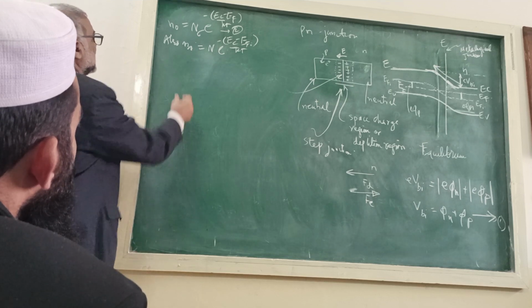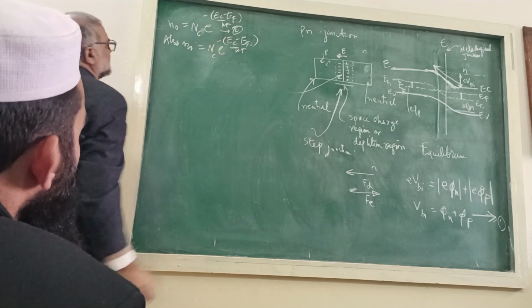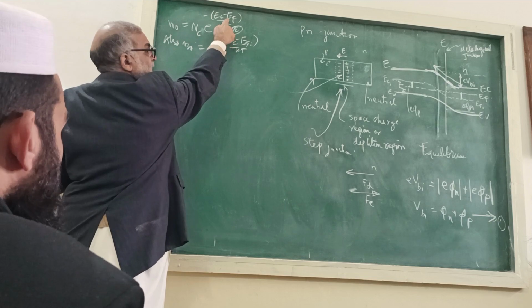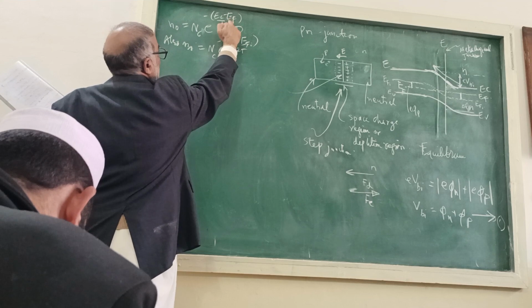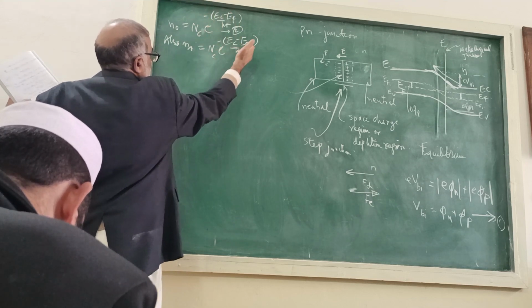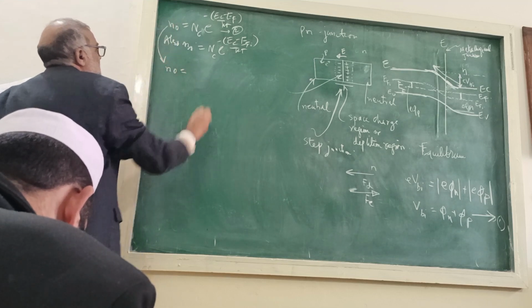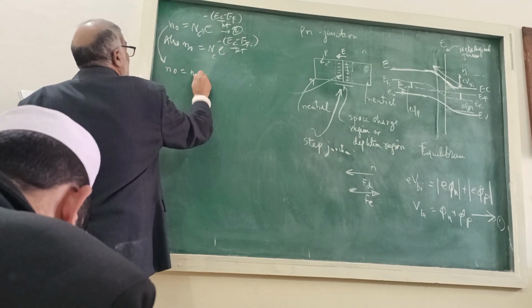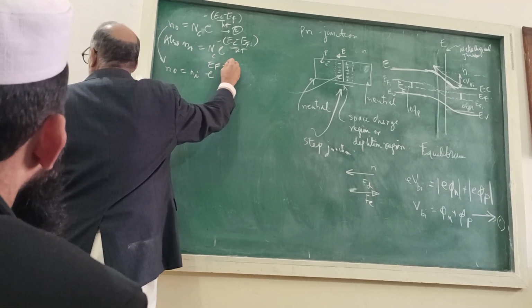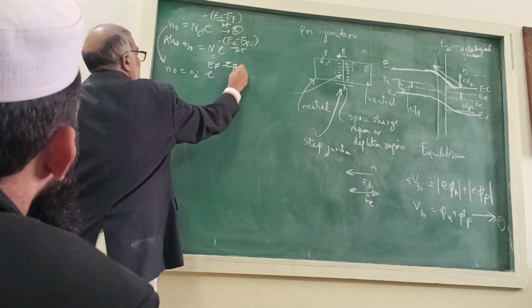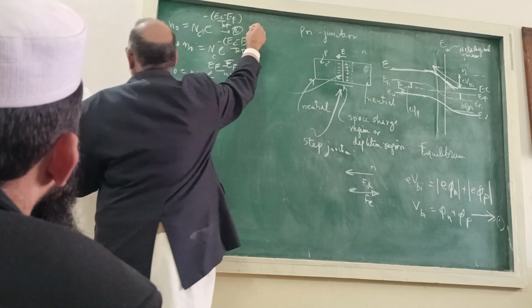Subtracting Efi, this can be written as n naught equal to ni e to the power (Ef minus Efi) over kT.